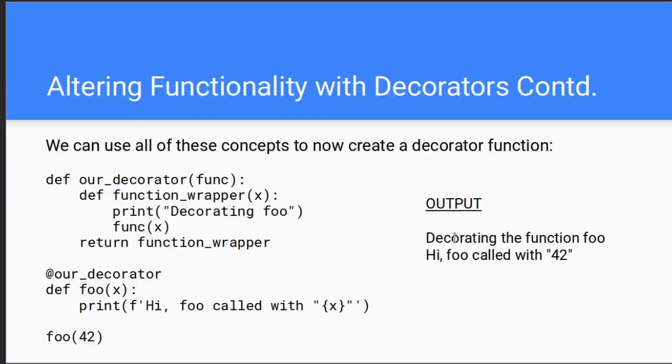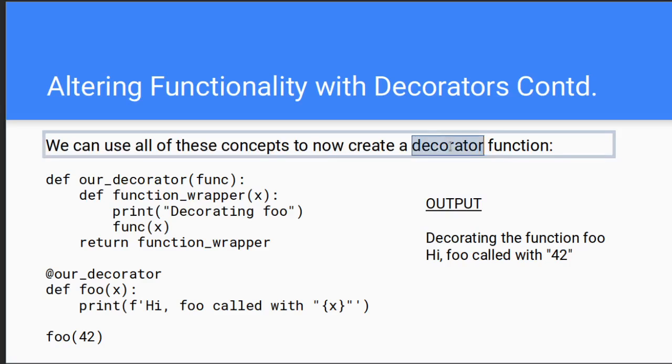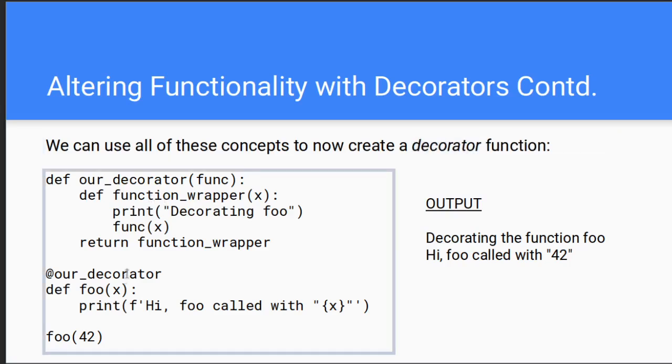So now we can use all of these concepts to create a decorator function. All right. Now here is our decorator function. Just like we saw the last one returning g, we're returning function wrapper, which is defined here.